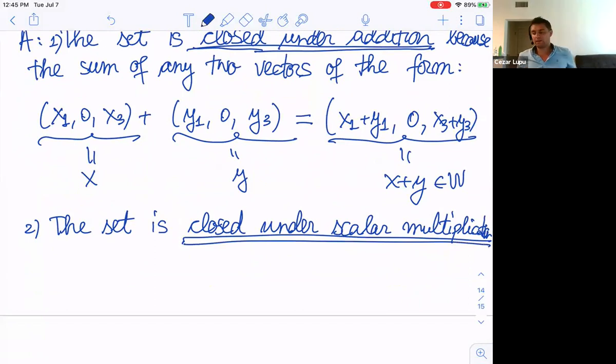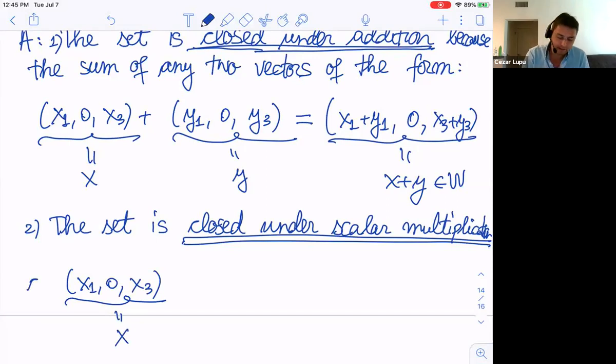For scalar multiplication, for example, consider a vector x1, 0, x3. This is my vector x. And now I'm going to multiply this by a scalar, let's say c.